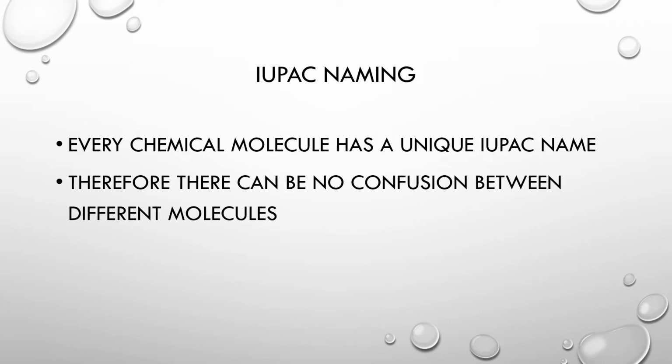So every chemical molecule arranged in any shape or fashion has its own unique name, therefore there is no confusion whatsoever. However, it can be a little bit complicated naming them, so we're going to be covering some of the rules that they set out today, and we're going to be naming a bit of a challenging molecule.